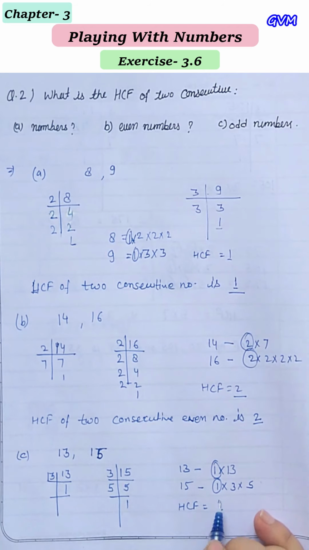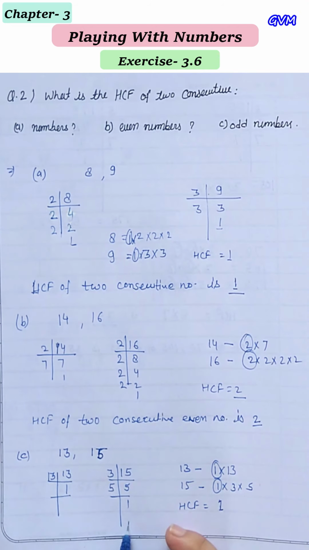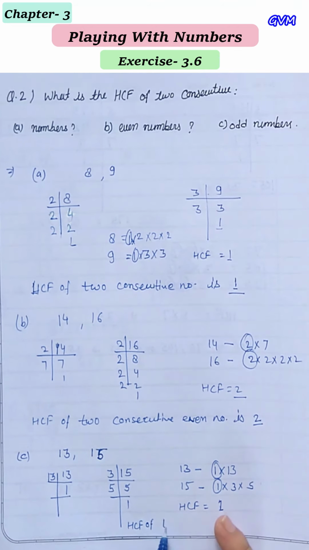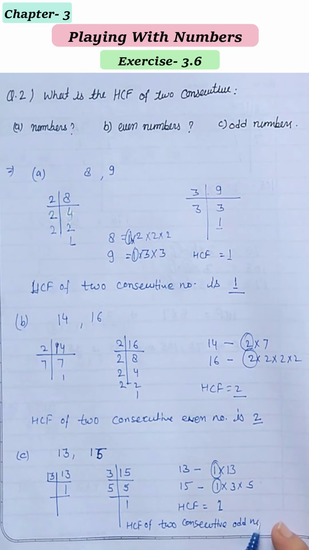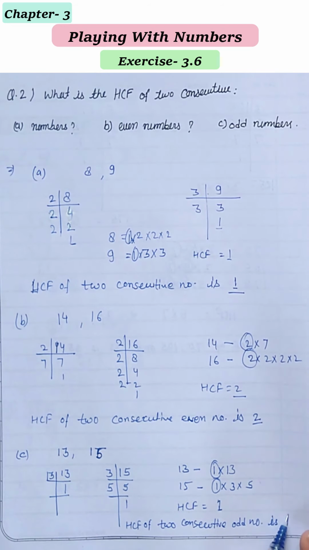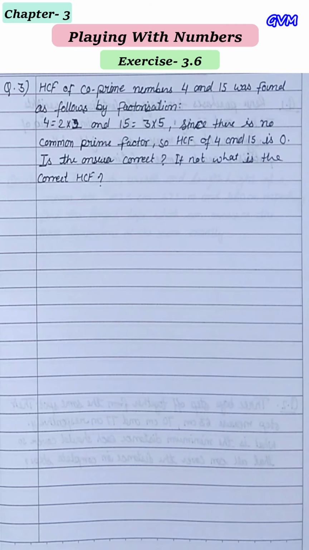That means the HCF of two consecutive odd numbers is 1. Now let's come to question number 3.